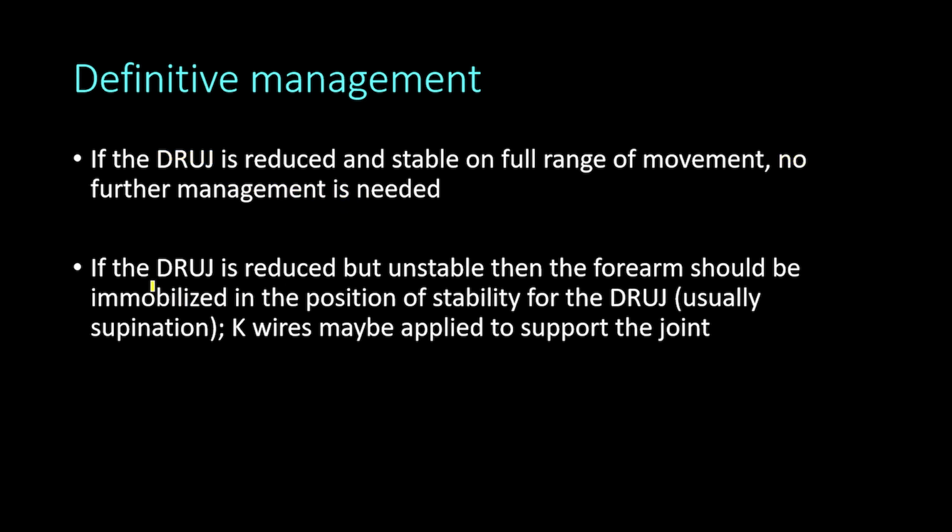But if we plated the radius and restored it to its normal length, and we checked the DRUJ and found that it is reduced but unstable, so when we do the full range of motion of the wrist, the DRUJ is dislocating, then it is considered unstable and the forearm should be immobilized in the position of stability for the DRUJ. The position of stability is usually supination, and K-wires may be applied to support the joint.